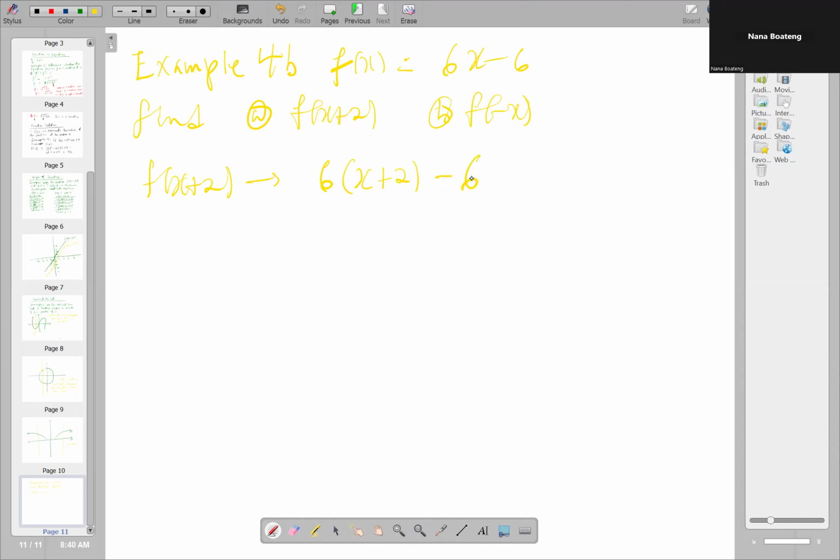So this equals 6x plus 12 minus 6, which gives us 6x plus 6. And f of negative x means wherever x is, we replace it with negative x. That equals 6 times negative x minus 6, so negative 6x minus 6.